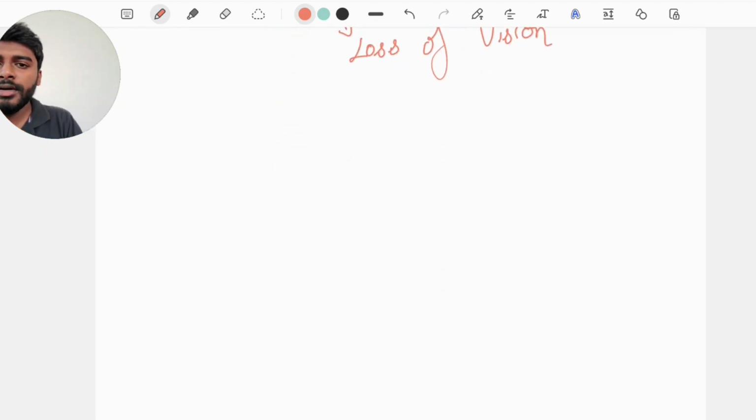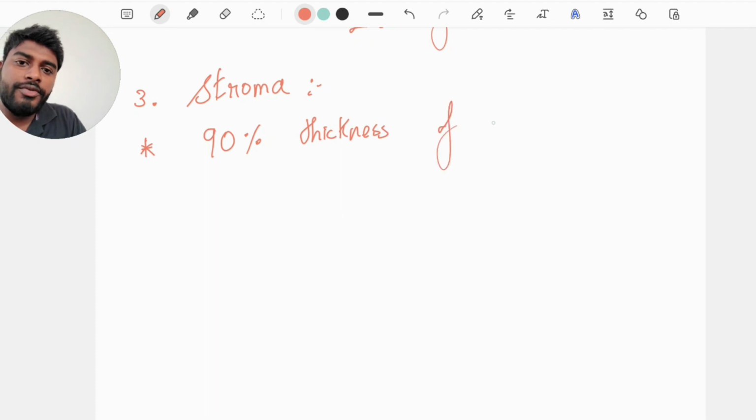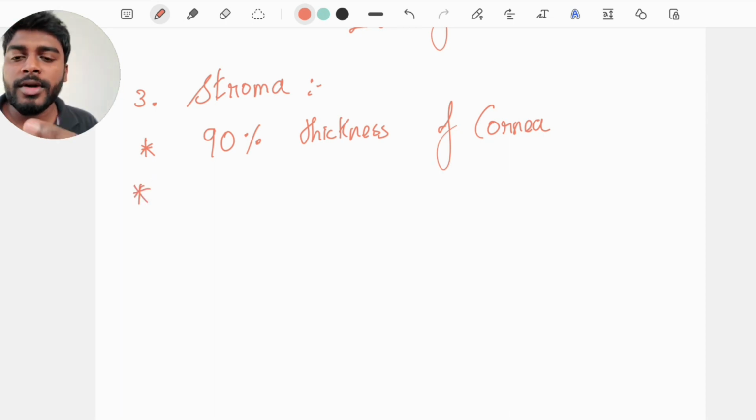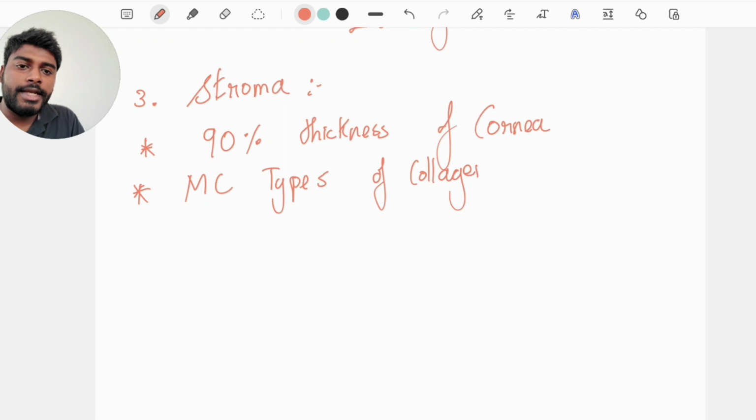Now we will move on with the third layer of the cornea, called the stroma. The stroma gives 90% of the thickness of the cornea. We all know that the stroma consists of collagen. Here is an MCQ: the most common type of collagen in the stroma is type 1.